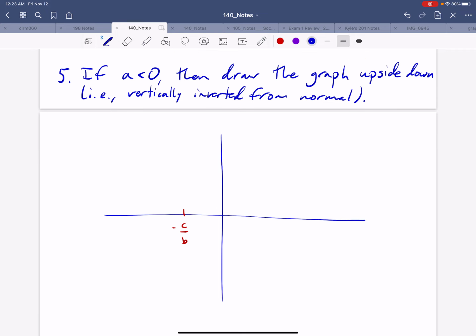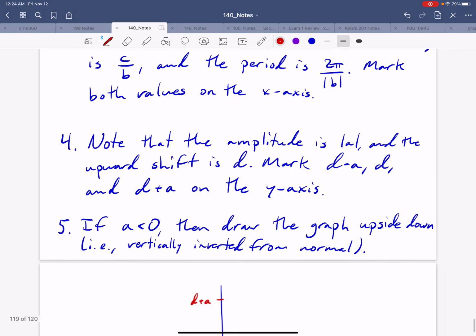And then here we're going to mark down negative c over b plus 2 pi over the absolute value of b. Okay, whatever that period is. Now, suppose we get shifted up a little bit. Maybe this is d. And suppose we have a bit of an amplitude, so this would be d plus a. And down here would be d minus a. Okay?